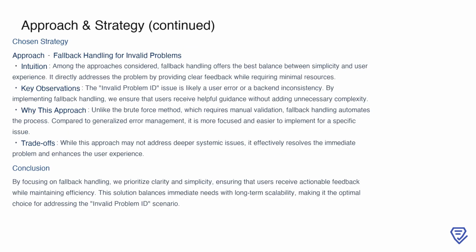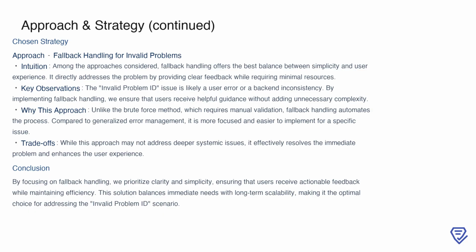After evaluating the different approaches, the chosen strategy is fallback handling for invalid problem IDs. This approach strikes the right balance between simplicity and enhancing the user experience. The intuition is that most invalid problem ID issues arise from either user error or backend inconsistencies. By implementing fallback handling, we can directly address the problem by providing users with clear guidance, such as a standardized error message.